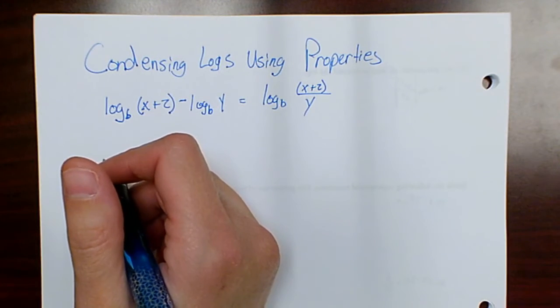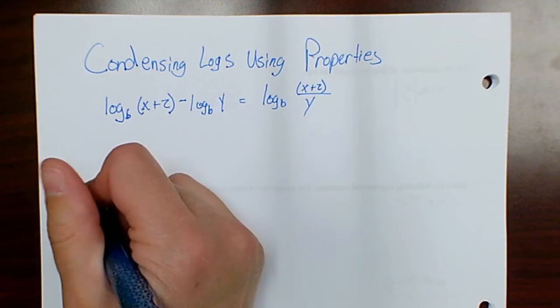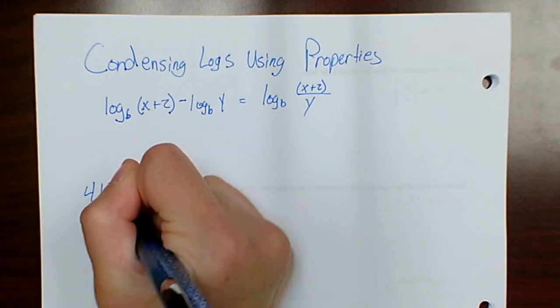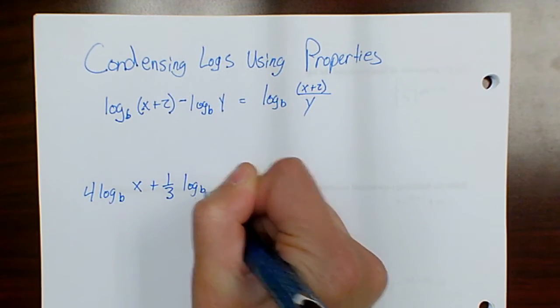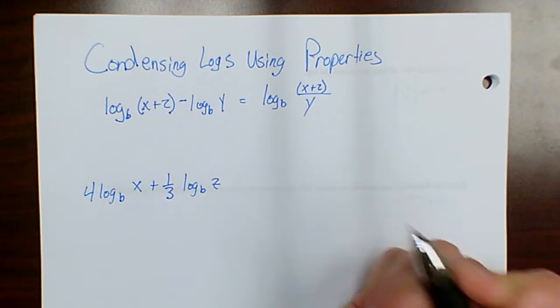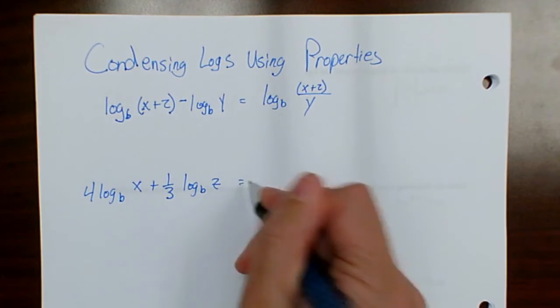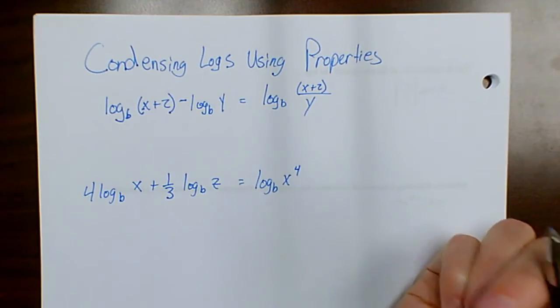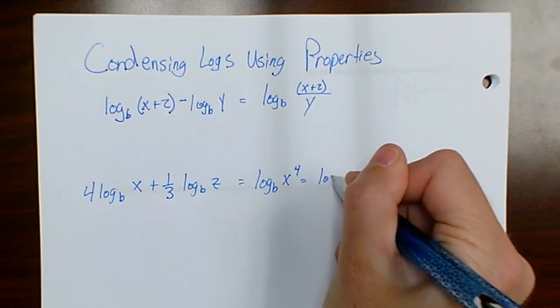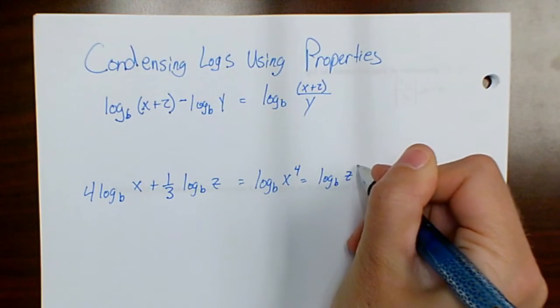And then let's see here, we can do 4 log base b, x plus 1/3 log base b, z. So we can turn this into a power, turn the other one into a power.